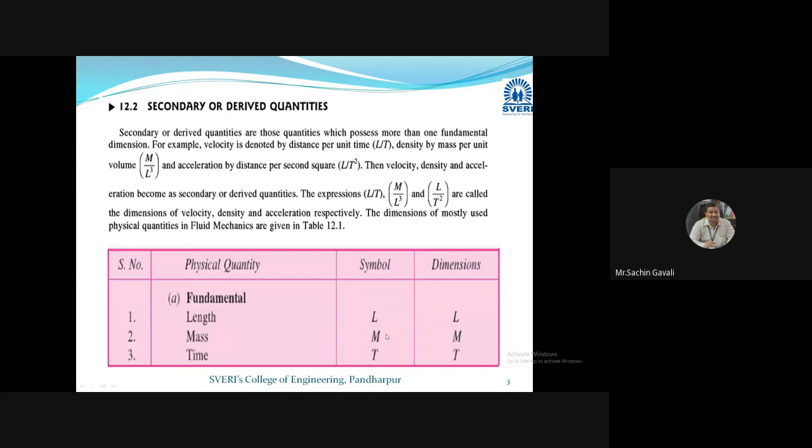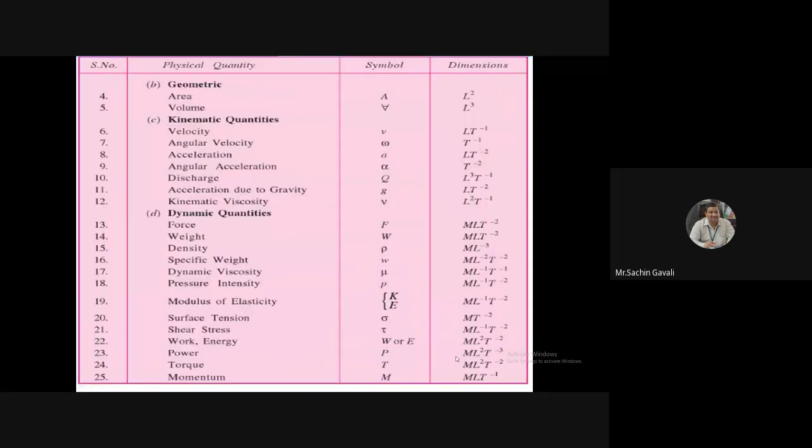The symbol is M and the dimension is M. And for time, the symbol is T and the dimension we are considering as T. Then for physical quantities, where we want to get the derived quantities, we want to write their fundamental dimensions.